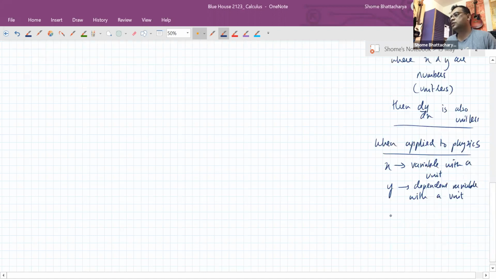So accordingly, dy by dx, by definition, is what? It is the limit as delta x tends to 0 of delta y by delta x. So this will have the unit of y divided by the unit of x.